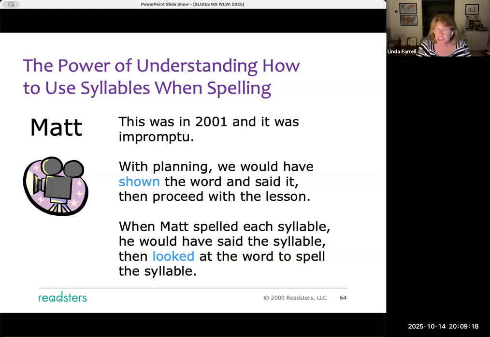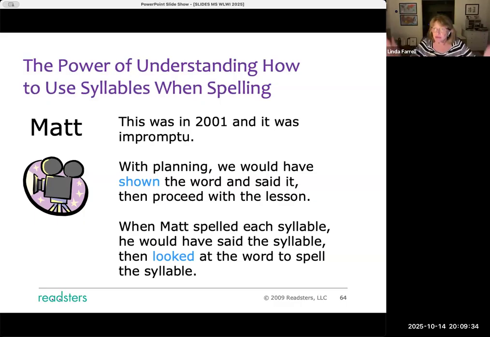And the reason it's magic is that dyslexic kids try to memorize the letters without thinking about the syllables. So when Matt first started spelling Confederate, he just pulled some letters out of it.